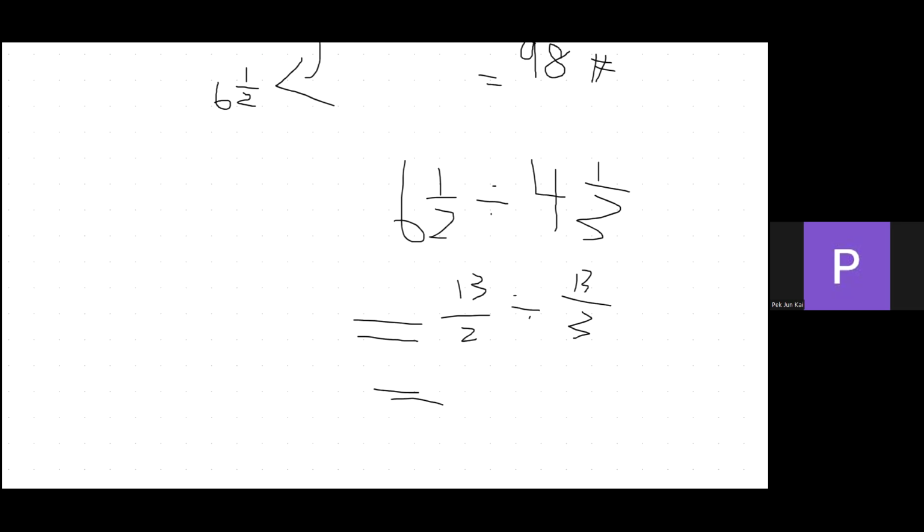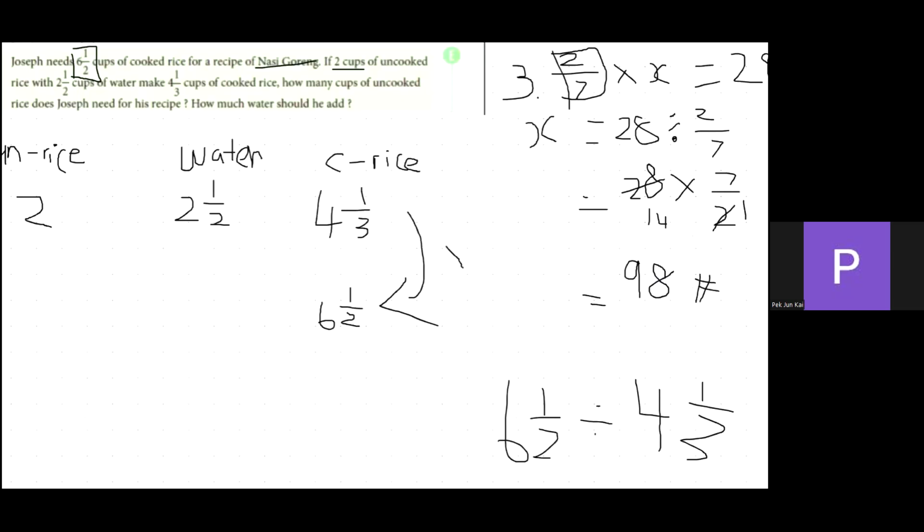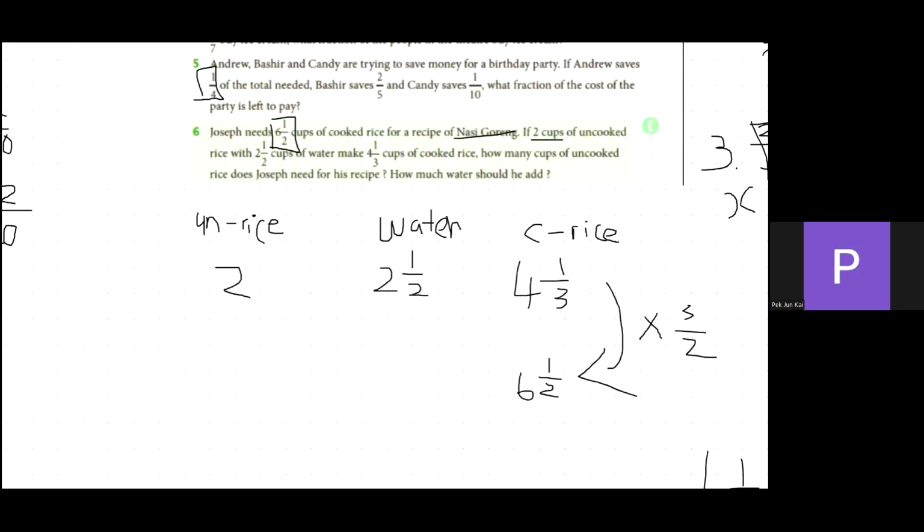Flip them. 13/2 times 3/13 times 3/2. So the relationship is times 3/2. So the question is asking how many uncooked rice and how much water.